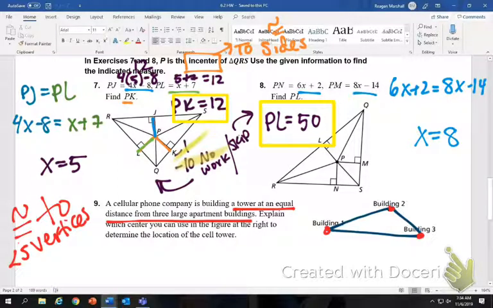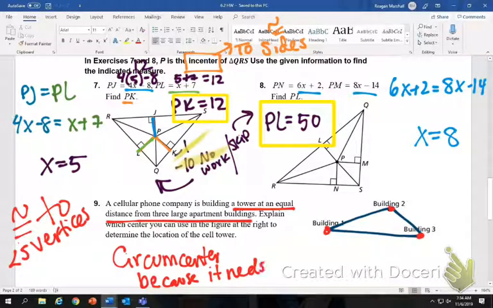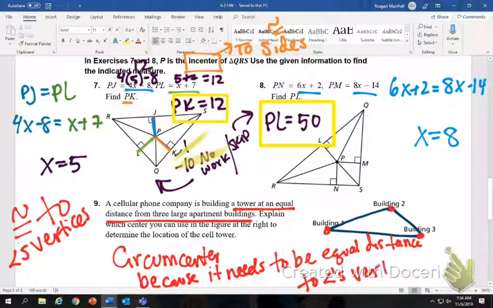Explain which center you can use for the figure. So congruent to the vertices would be a circumcenter, because we want an equal distance. Equal distance to angles' vertices.